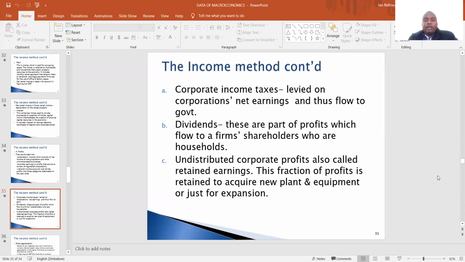We've got corporate income taxes, which are levied on corporations' net earnings and thus flow to the government. B, we have dividends. These are part of profits which flow to firms' shareholders, who are normally households. And then we have undistributed corporate profits, which are also called retained earnings. This fraction of the profits is retained for what purpose? To acquire new plant and equipment, or just for expansion purposes.